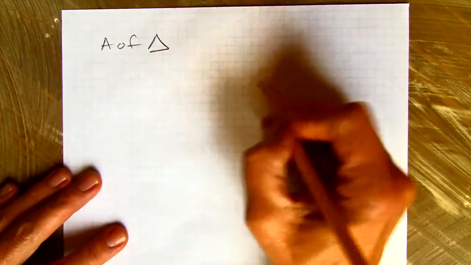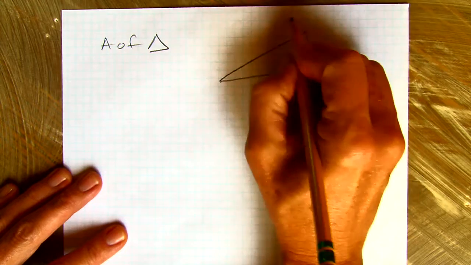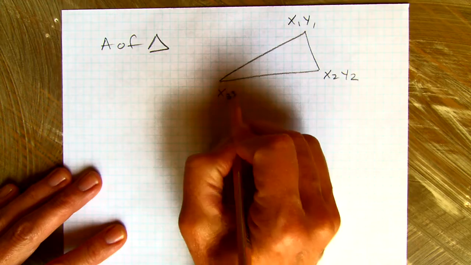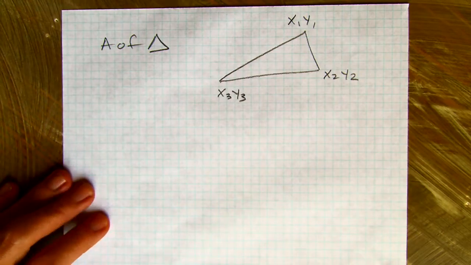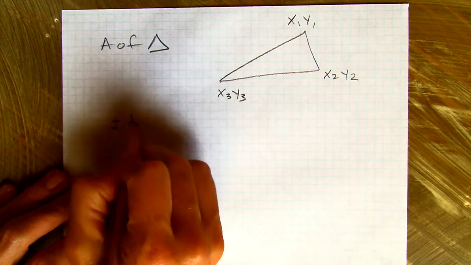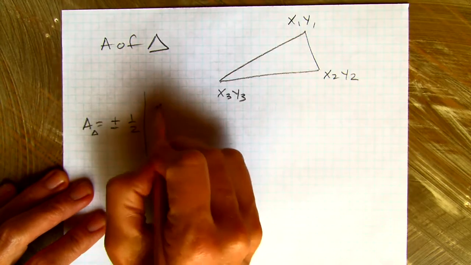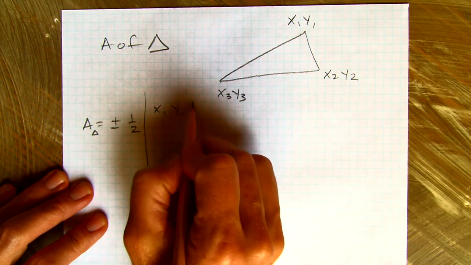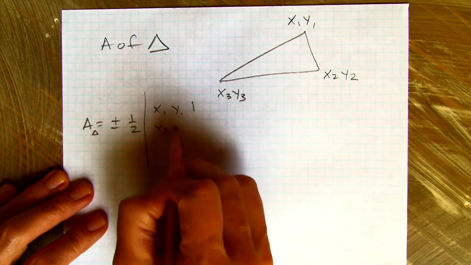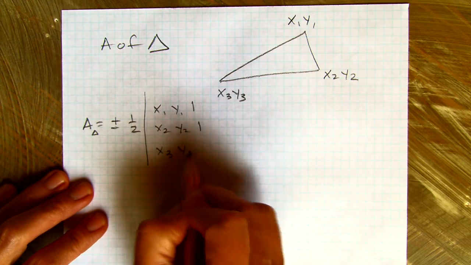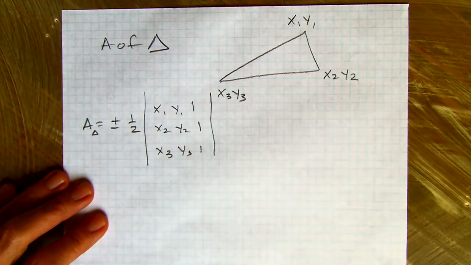So if I want to find the area of a triangle and I have a set of coordinates x1, y1, x2, y2, and x3, y3, the area of that triangle is 1/2 times the determinant x1, y1, and then the number 1, x2, y2, and then the number 1, x3, y3, and then the number 1. So again, this means determinant.